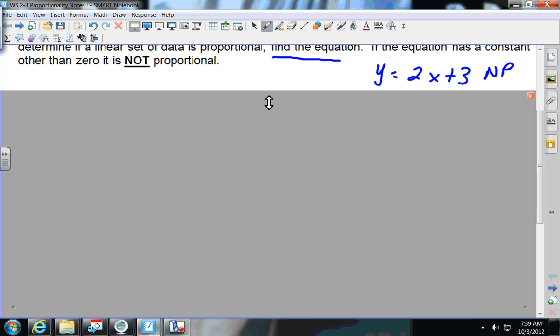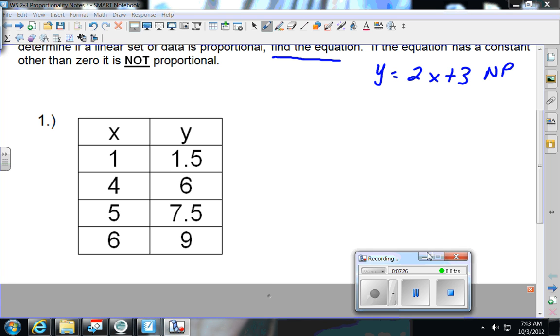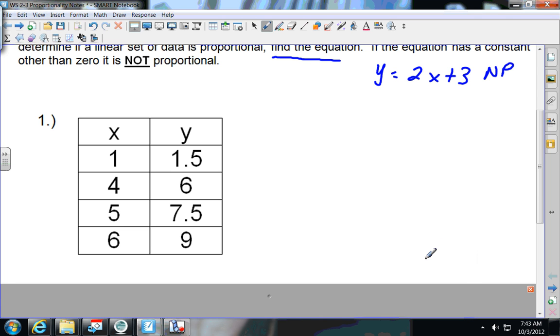So let's look down here at this table. First thing I want you to do, we have to figure out if it's linear. So right now, do delta y over delta x and figure out if it's linear. Okay, so on this first one, the first thing you need to do is find delta y, the change in y.